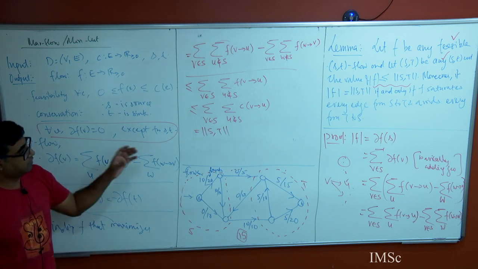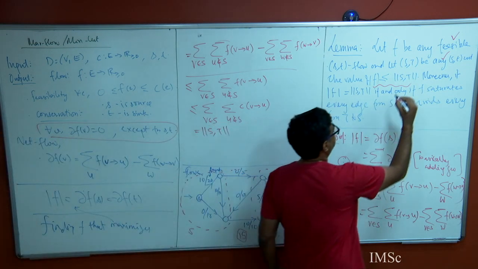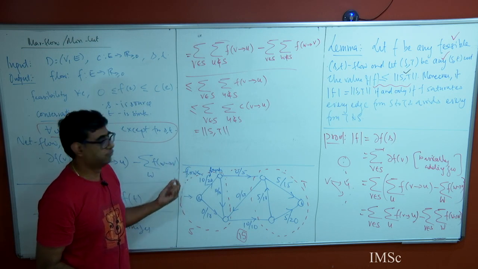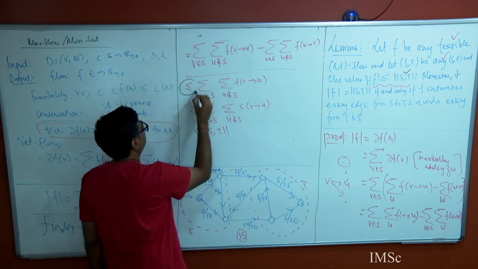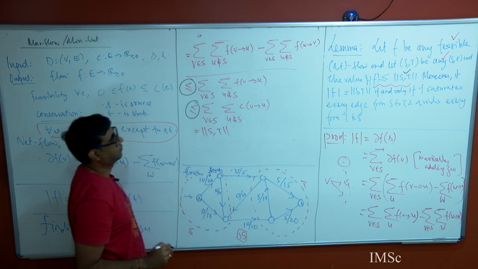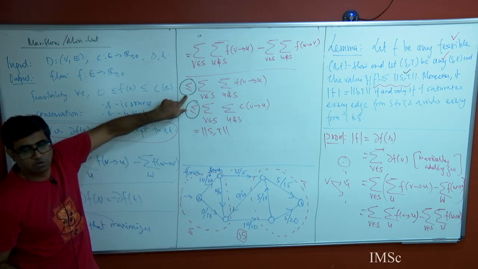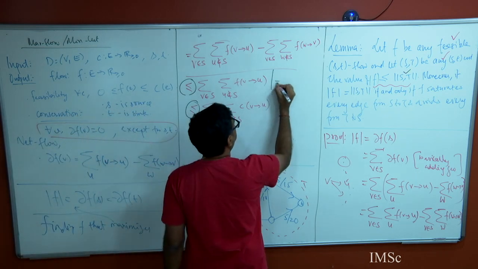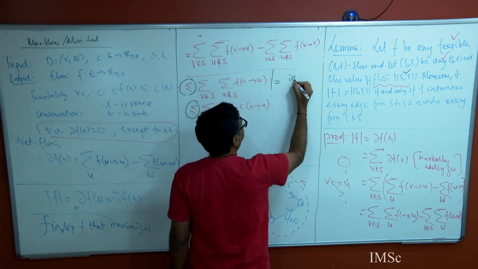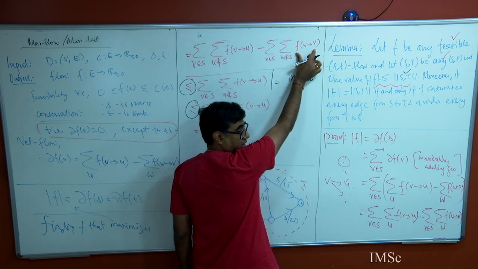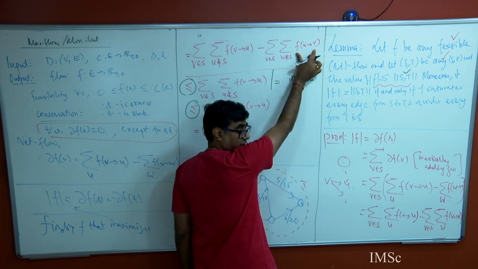Okay. So this proves the first part, right? So whatever our intuition was, we have made it a formal proof. Now here is inequality 1 and here is inequality 2. When will this hold with equality? This holds with equality if and only if all this quantity has 0 value, right?